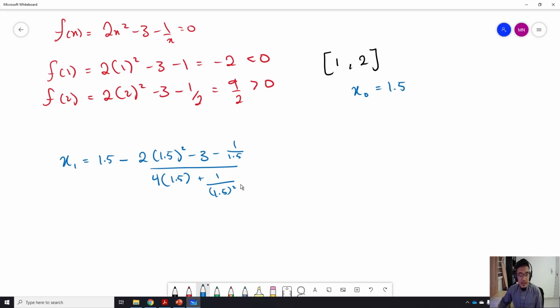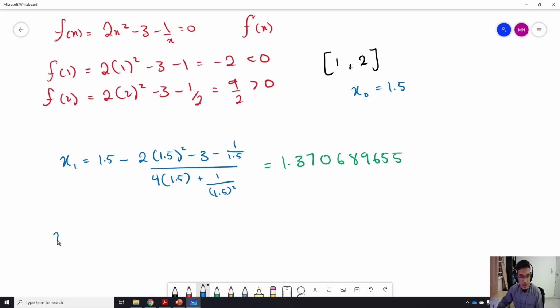The denominator of this fraction comes from f prime of x. You can find f prime of x by differentiating the equation, then substituting the value of 1.5 into it. So then you will have the value of x1 as 1.37068965, and for question 1, the answer is up to 2 decimal places.